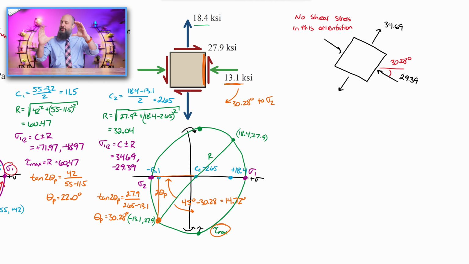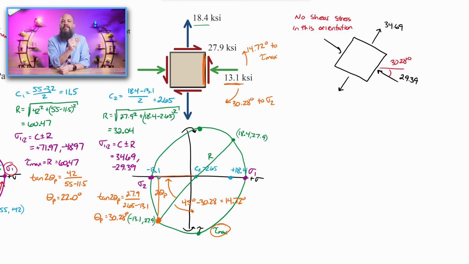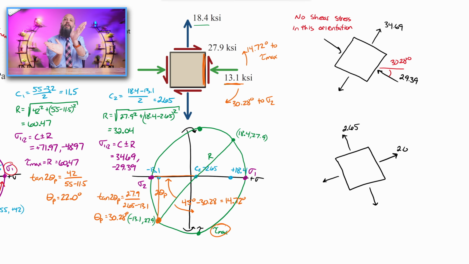So if I take the original square stress element and now rotate it 14 degrees counterclockwise, that takes this point, this 13.1, 27.9 point, and moves it down to the maximum in-plane shear stress. And so this 13.1 surface is now going to be 2.65. In fact, both directions will be 2.65 because at the max in-plane shear stress, both X and Y stresses are right at the center of the circle. They're both 2.65.